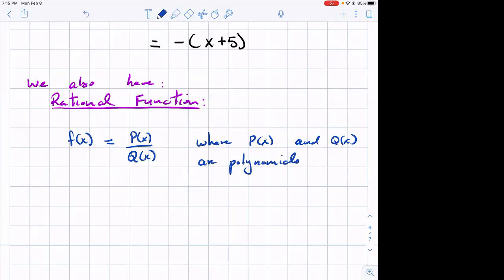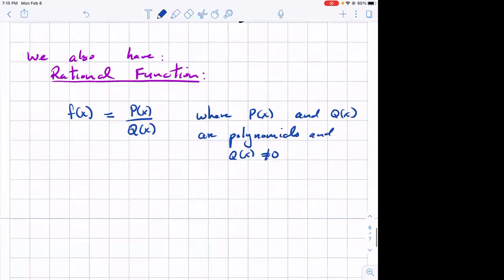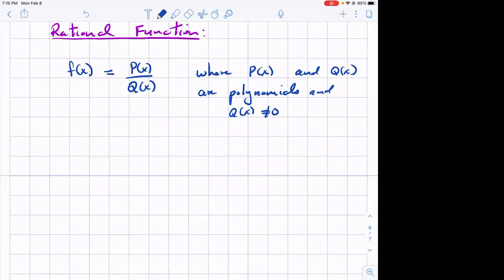And note, q of x cannot be equal to 0. So a function is just some sort of a machine or a mathematical expression where you're able to put in some sort of a number or letter and you get something out of it.